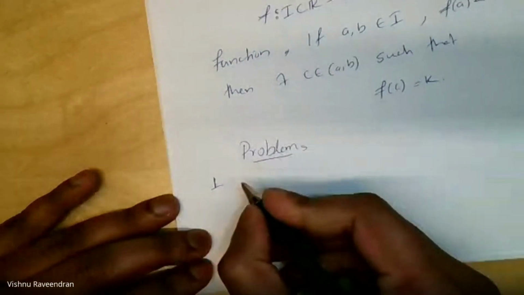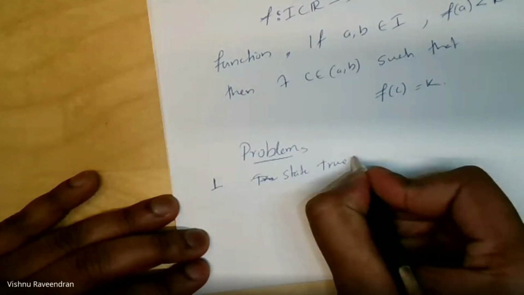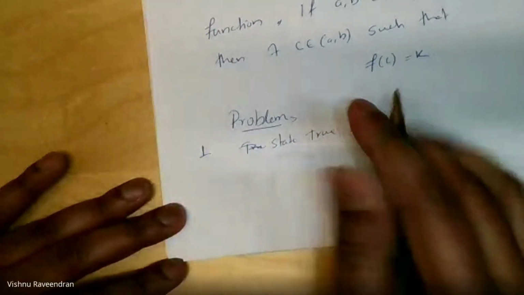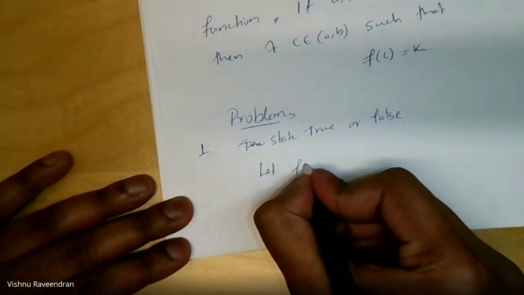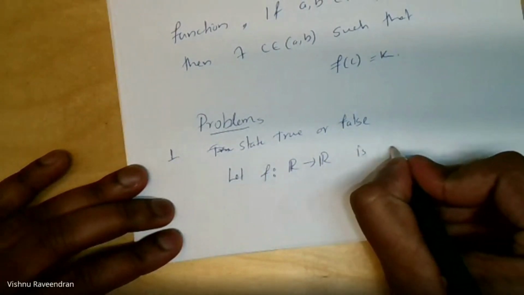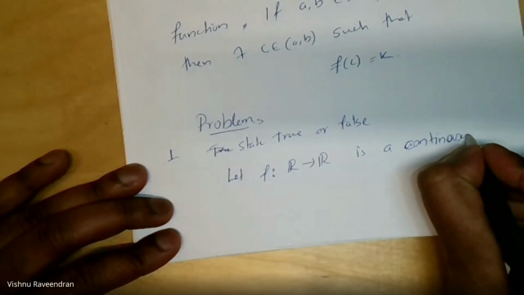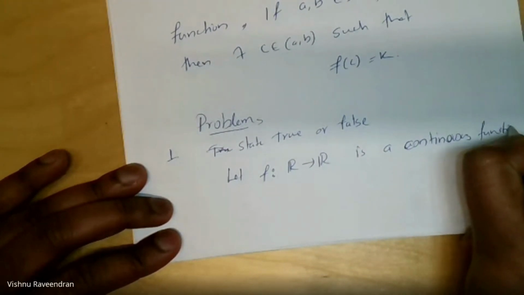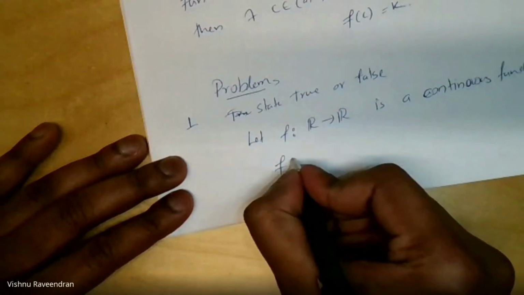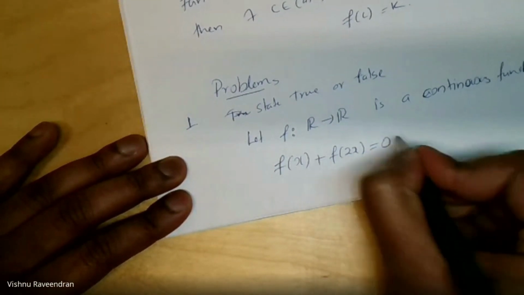So we start with a true or false question. State true or false. Let f from R to R be a continuous function satisfying the condition f(x) plus f(2x) equal to 0.